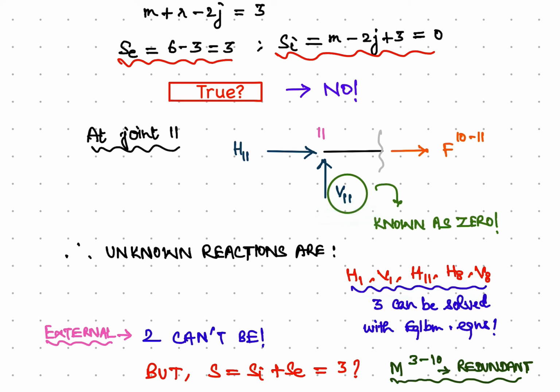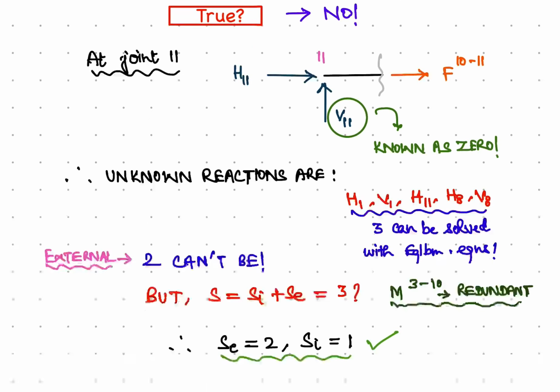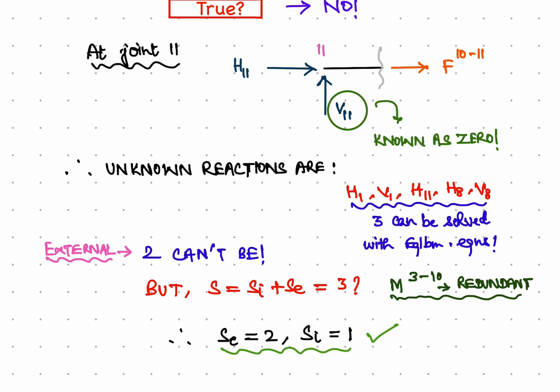Fine. So now out of these 5 support reactions, 3 can be determined using equilibrium equations such as sigma Fx equal to 0, sigma Fy equal to 0, and sigma Mz equal to 0, as we know, for the entire system. That means out of these 5 support reactions, only 2 among them can't be determined solely using the equations of equilibrium. Therefore, I would say the external indeterminacy is 2 in this case.